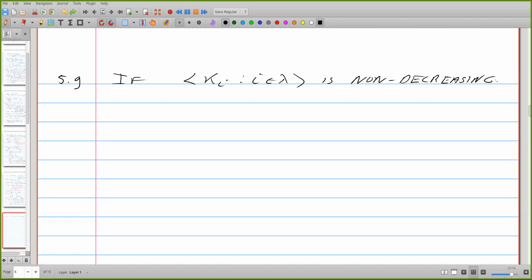So if lambda is infinite and the kappa i's are non-decreasing, then the product of the kappa i's equals the supremum of the kappa i's to the power lambda.